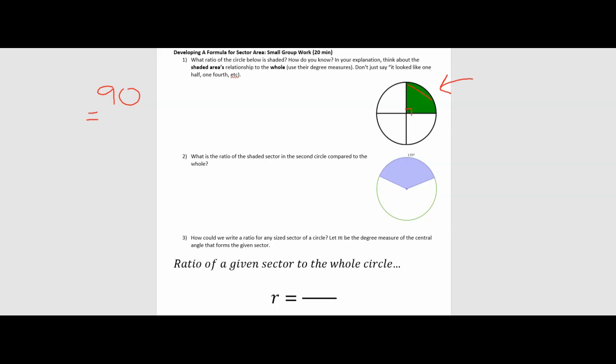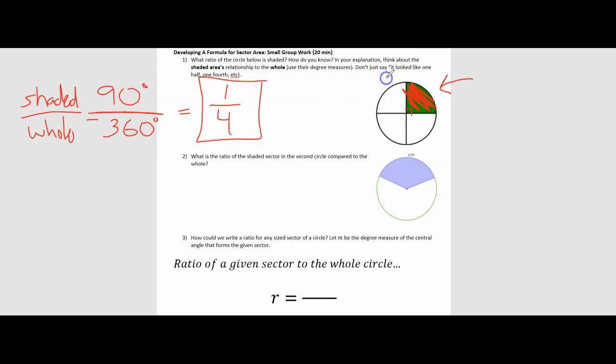This is a sector right here. So the measurement of the angle that forms this sector is 90. The entire circle is going to have a measurement of 360. So our ratio of the shaded to the whole is 90 degrees over 360 degrees. That does give us our 1/4.